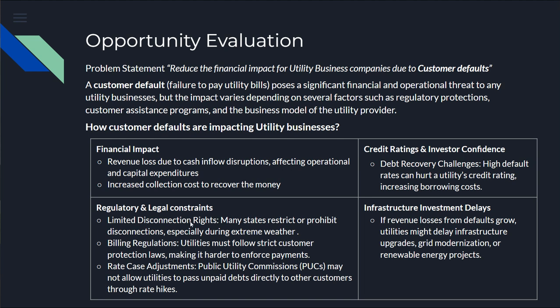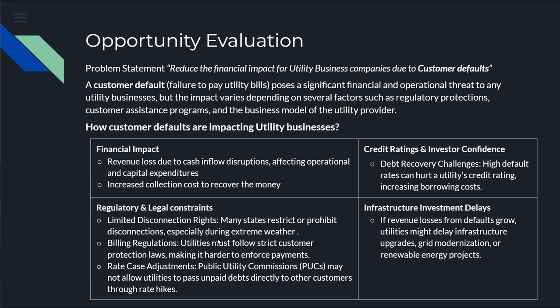The regulatory and legal constraints from the government side exist to support people who are failing to pay the bills for the right reason, or due to their financial conditions. So, limited disconnection rights.